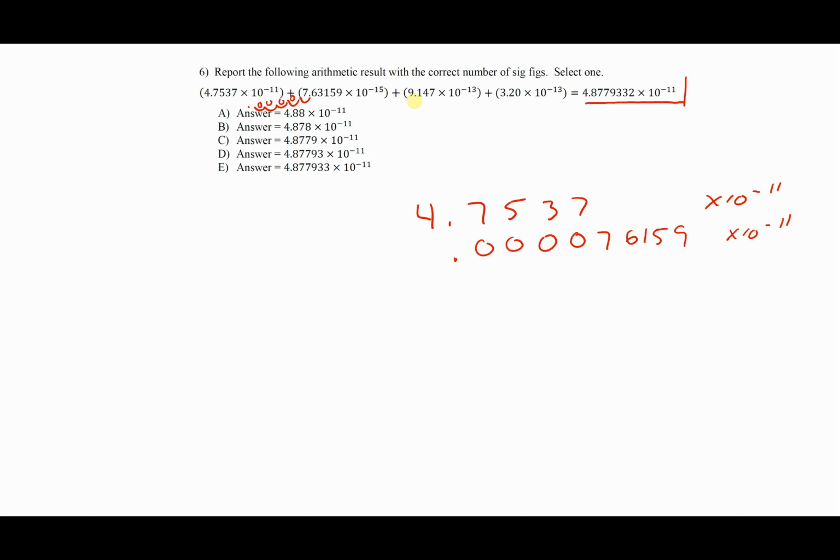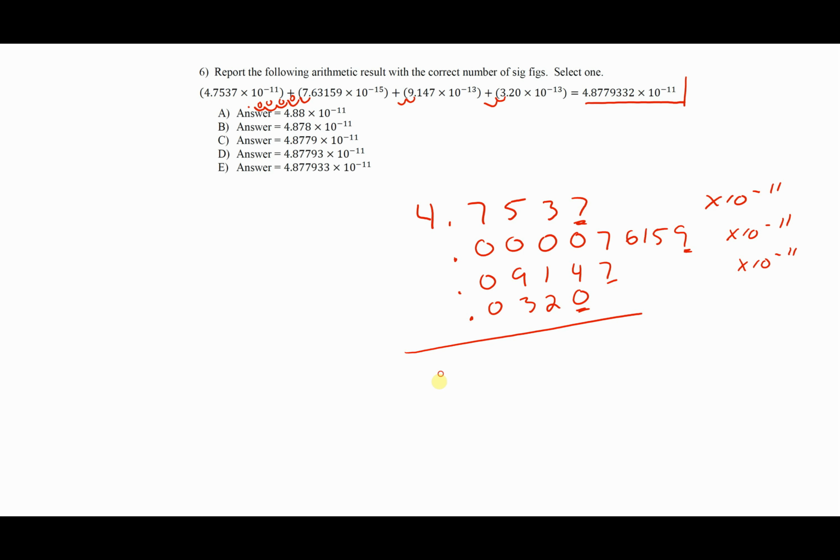Let's do this one. 13, 12, 11. So 0.09147, and then 13, 12, 11, 0.0320. And we have the fourth decimal place here.